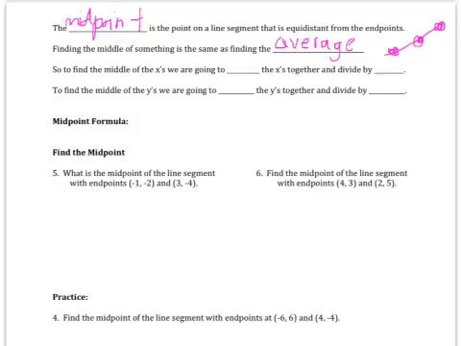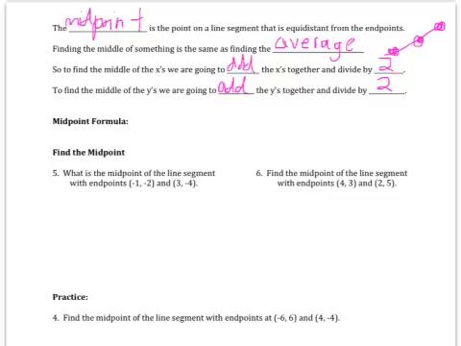To find the middle of the x's, we are going to add the x's together and then divide by 2. To find the middle of the y's, we are also going to add the y's together and divide by 2.